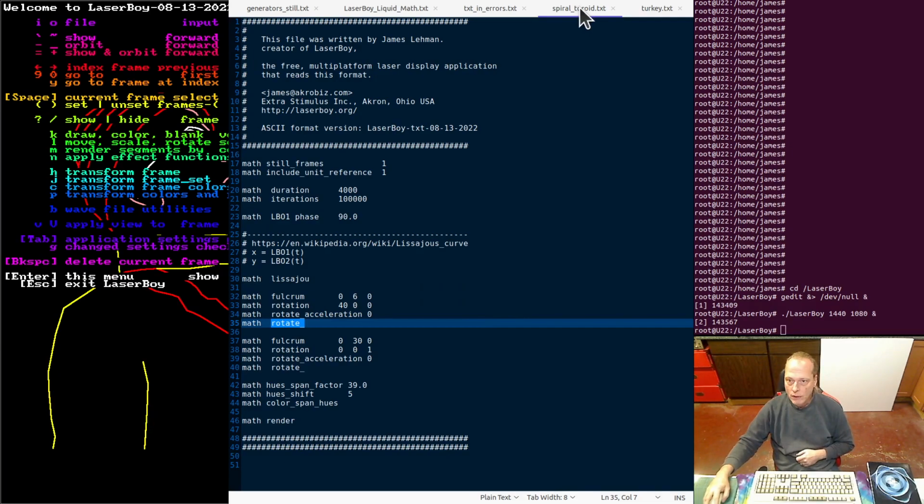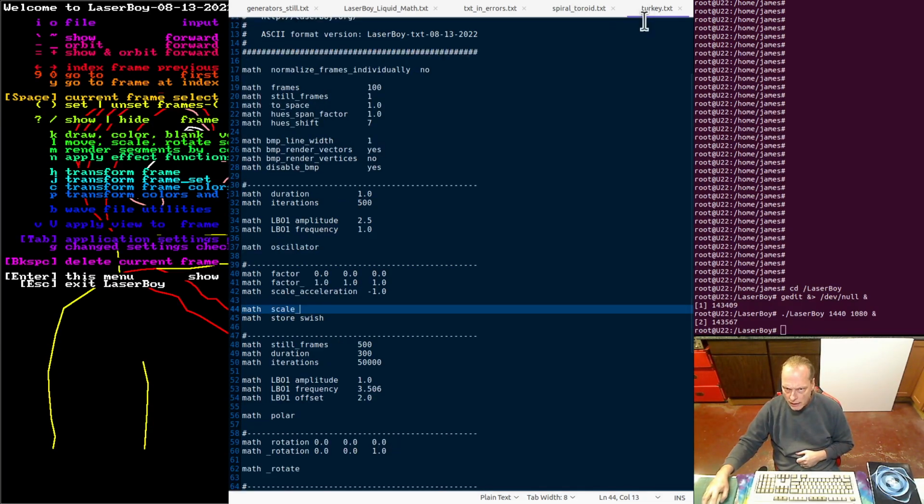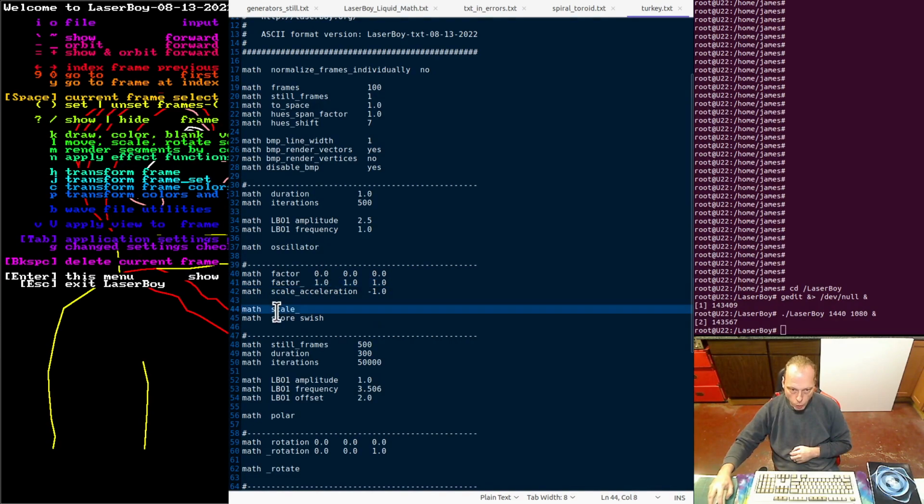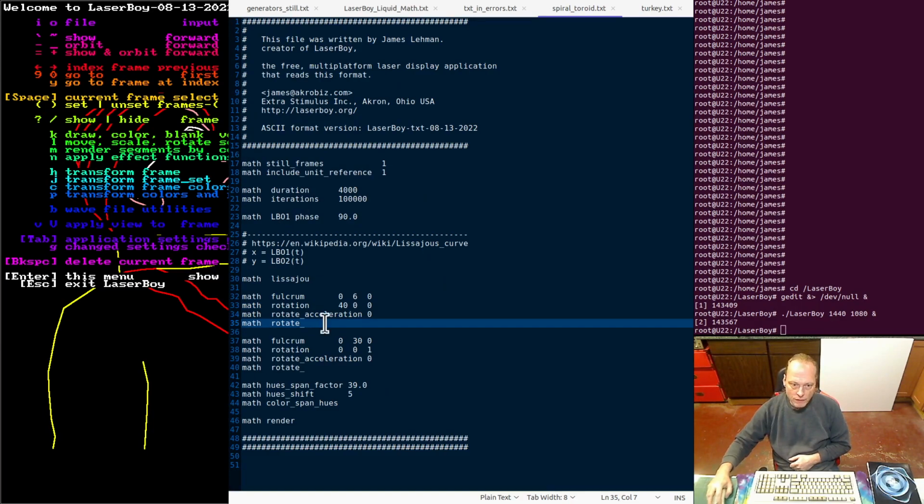So to give you that ability in this one, there's factor and factor underscore, which means start at this factor of multiplication for x, y, and z, end with this factor of multiplication for x, y, and z within the vertices of the frame. And then there's the rotate, which not only also uses this fulcrum thing, which is a parameter, and rotation, which is how far to go, but you'll notice there's no rotation underscore.